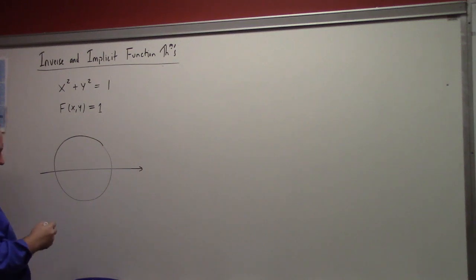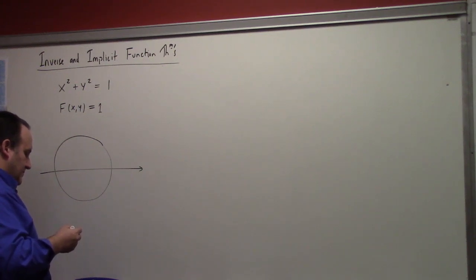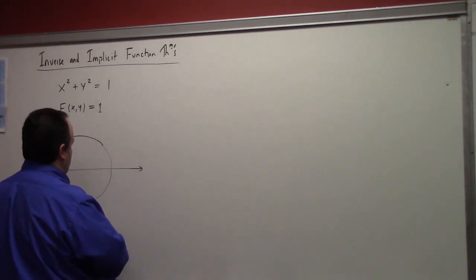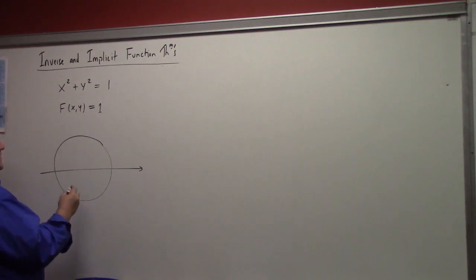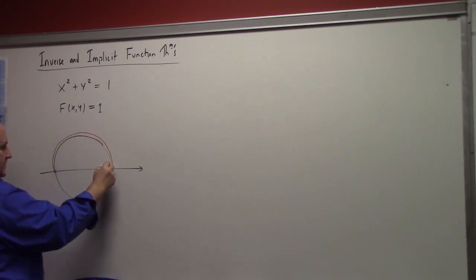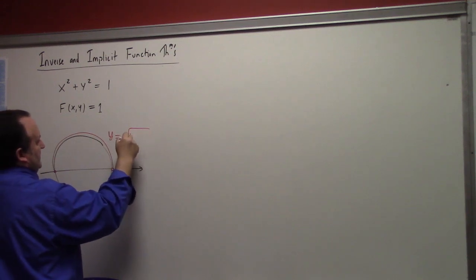So if you want to be able to, I'm trying to think of how to characterize it. So I can only approach these points like that, so like y equals the square root of 1 minus x squared.